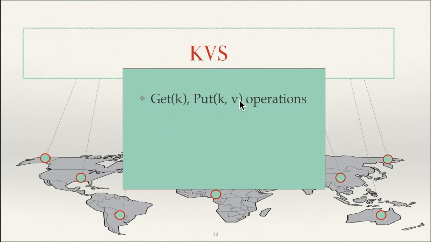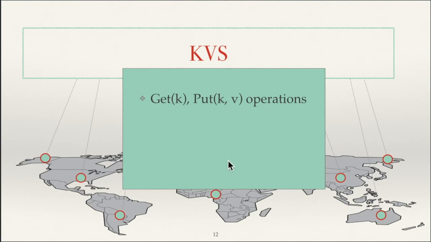Put is used to store data, while get is used to retrieve data. In particular, put takes as input a key value pair, and it stores this pair on one of these nodes. Then get takes as input a key and retrieves the value that is associated with this key.